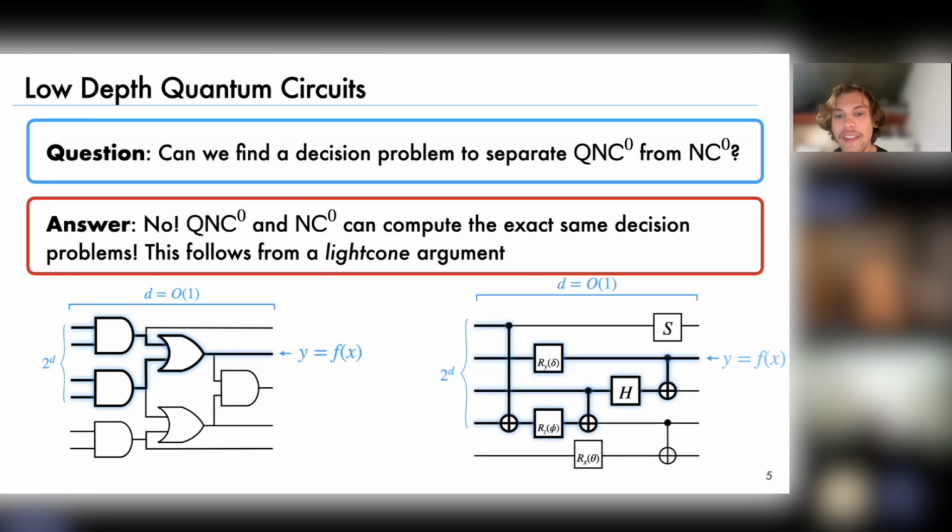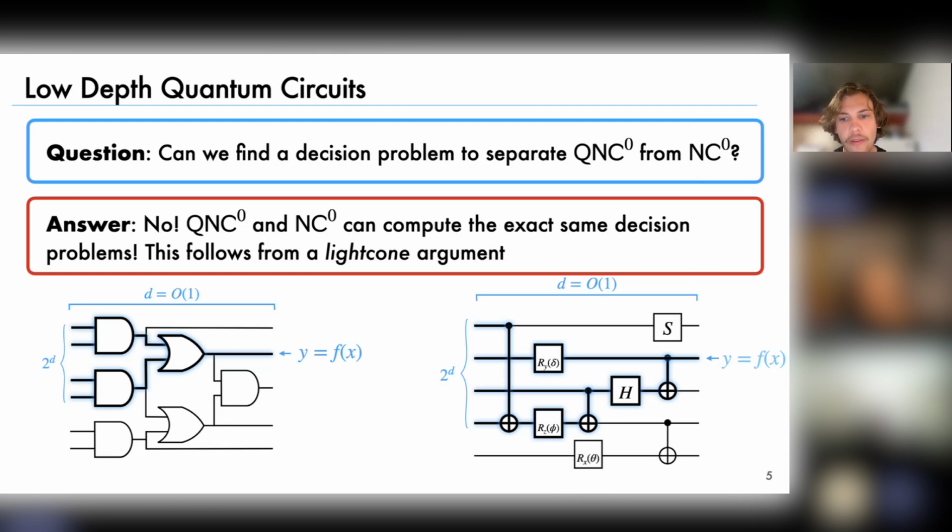However, the exact same reasoning applies to a quantum circuit, which only consists of 1 and 2 qubit gates. As you can see here, let's just say our circuit gate set is C0, and then any choice of single qubit gates we like.